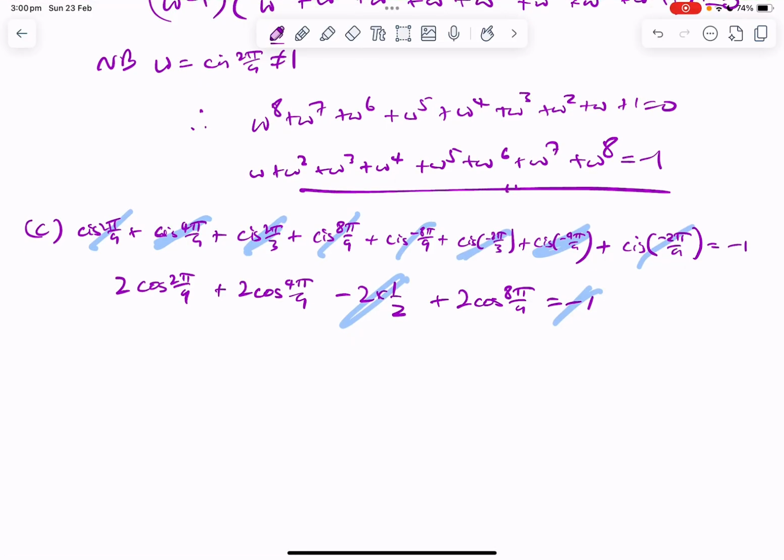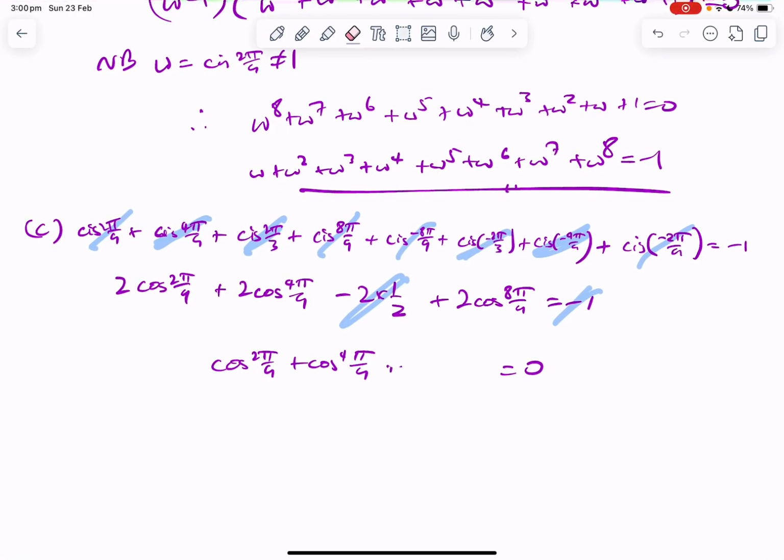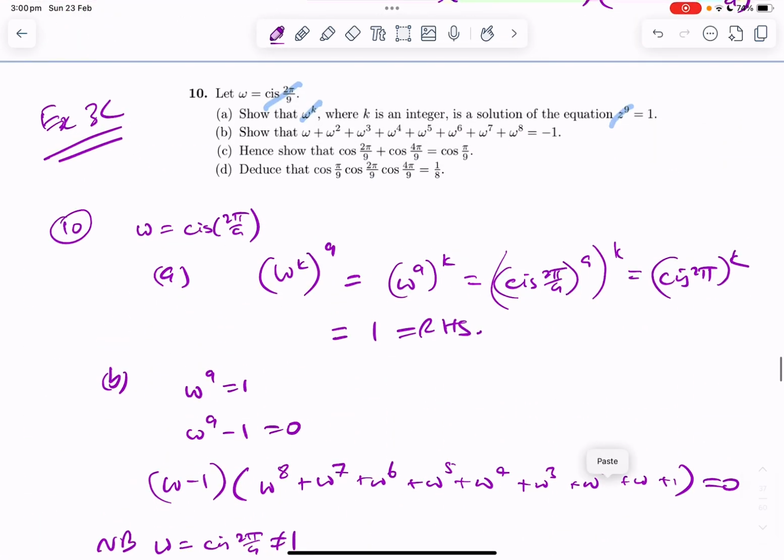We divide everything by 2, and then we get the cos of 2 pi on 9 plus the cos of 4 pi on 9 plus the cos of 8 pi on 9 is 0, but the cos of 8 pi on 9 is, by the unit circle again, the minus cos of pi on 9, and I'm pretty sure that was the thing we were trying to demonstrate. If you spend a little bit of time in these chapters, it's a relatively familiar idea.